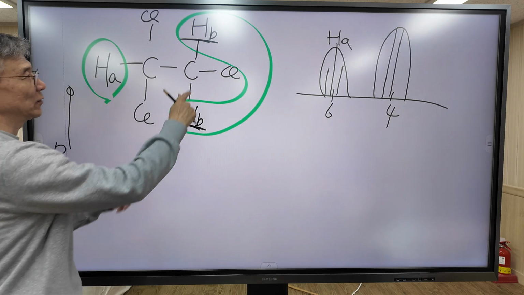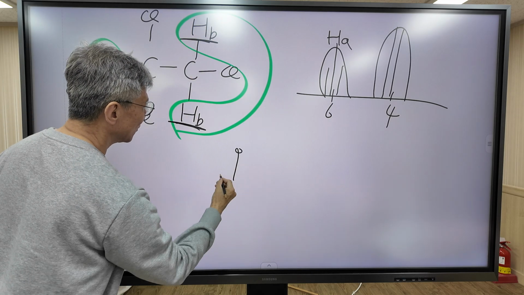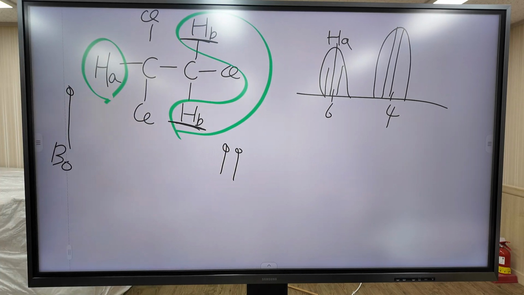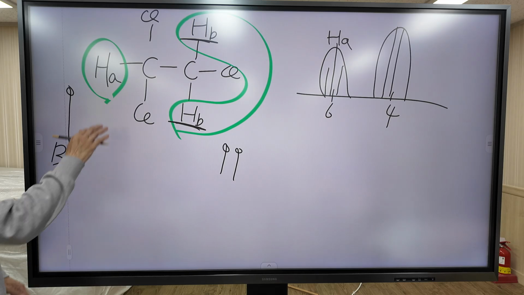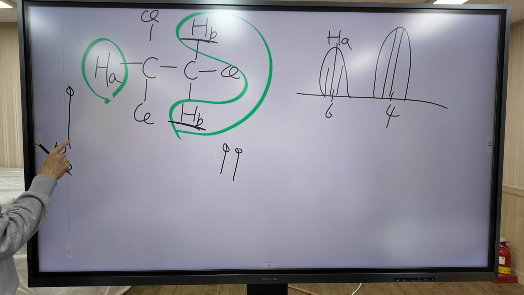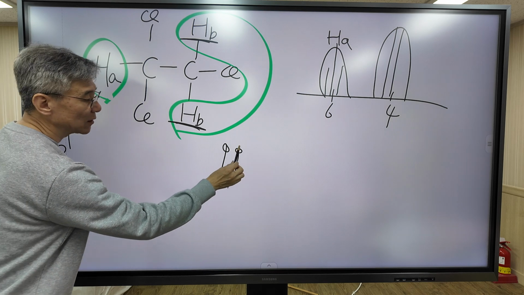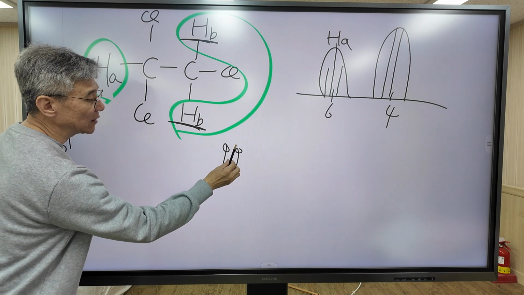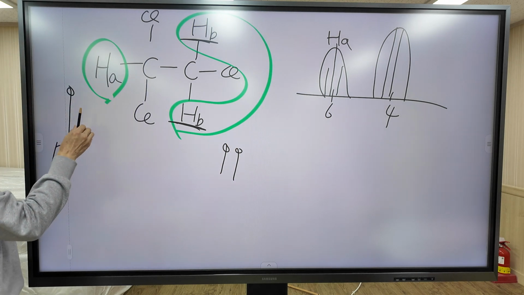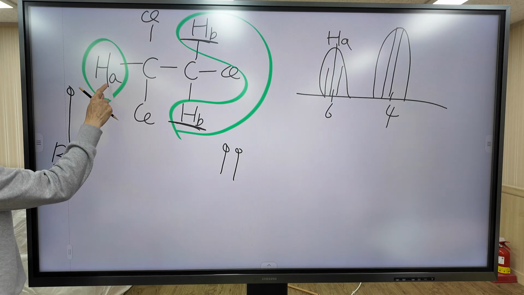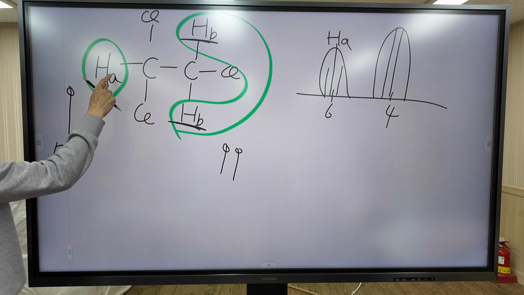First, when both spins are up spin, the Ha proton feels the external magnetic field B0 plus the two magnetic fields due to Hb, which must be added. So the transition occurs at a larger frequency.